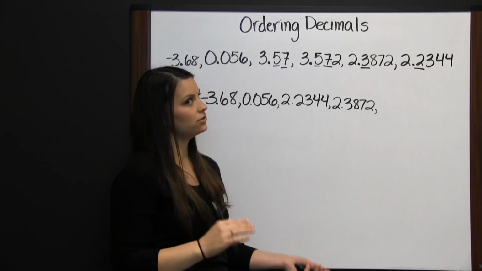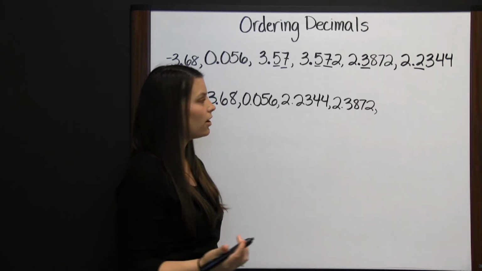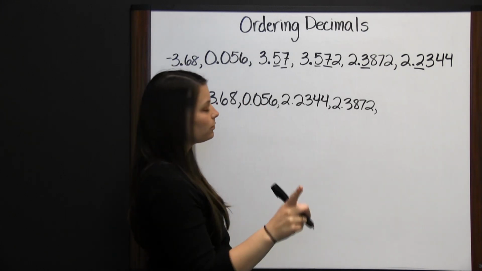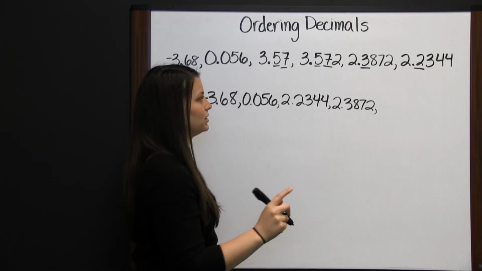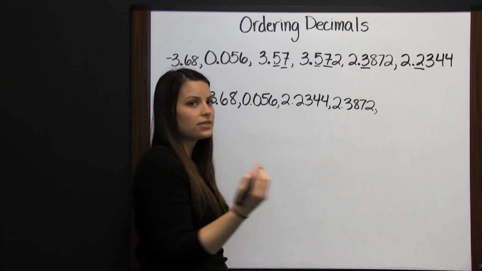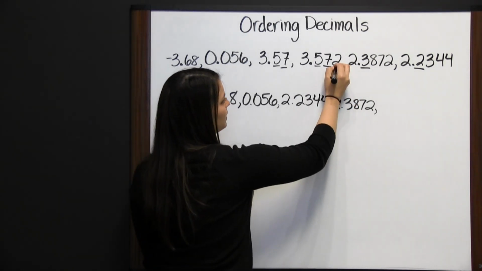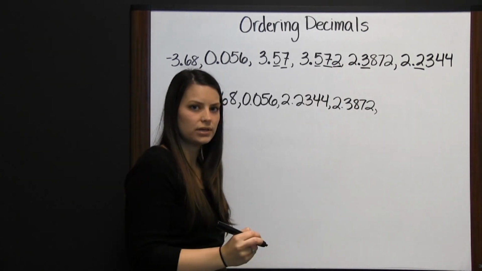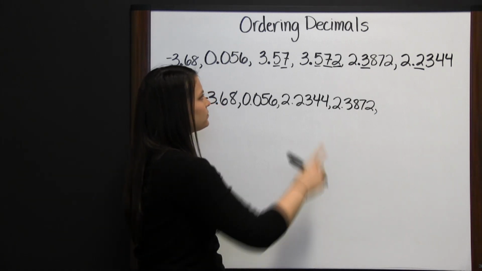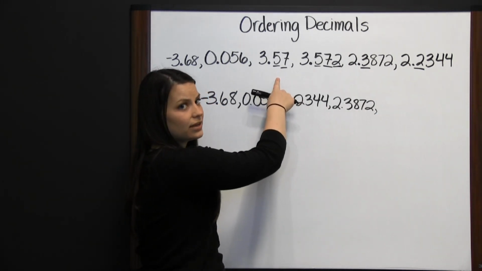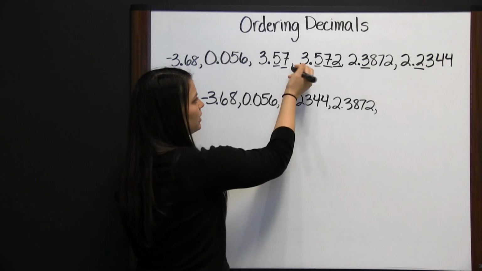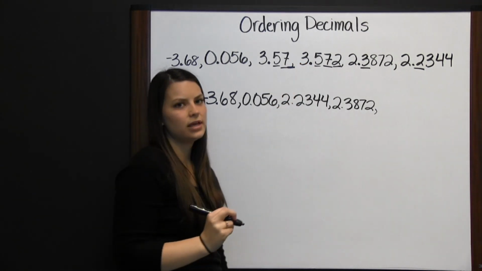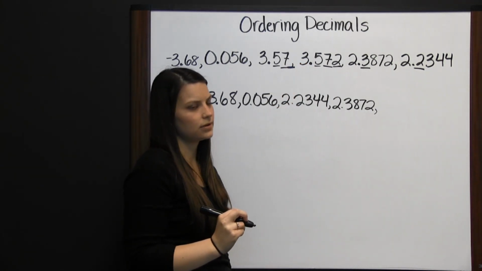So right now we still can't tell which one's bigger, which one's smaller. So we move one more place over to the 1000th place. Looking at the 1000th place for this number, we have a 2 in the 1000th place. But looking at 3 and 57 hundredths, there is no number in the 1000th place.